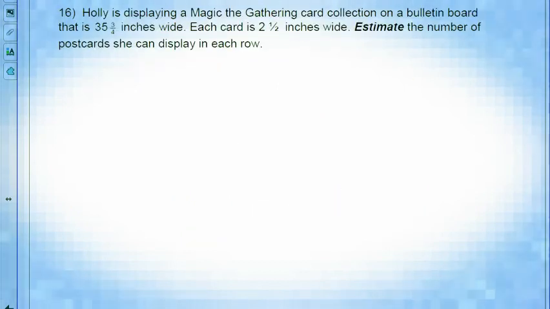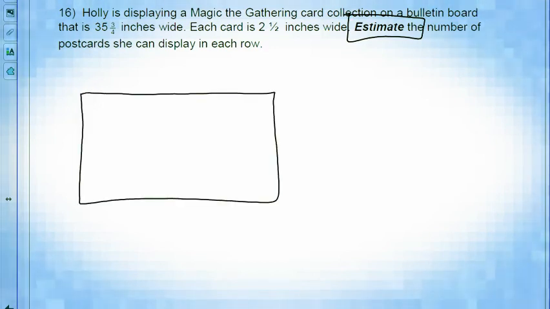Okey dokey. Here's a problem that you could have. It could be really hard, and you could get it wrong, or it could be super easy, and you can get it right. Because it says estimate. Estimate means find some compatible numbers here, and get an approximate answer. So we have a bulletin board, and I'm going to display my prized possession of Magic the Gathering cards.